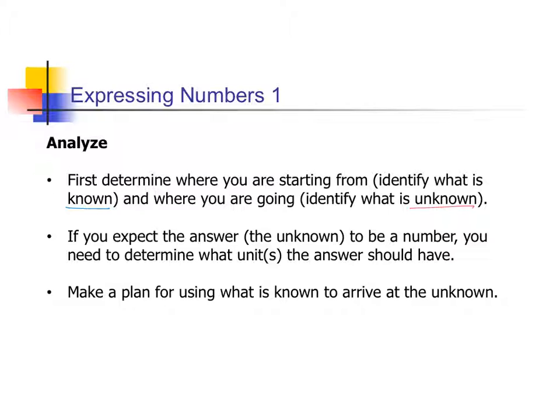That's usually your unknown. Sometimes it has 2 parts: a number part and a unit. And so you do have to pay attention to that. We'll get into units and types of measurements as we move forward. Then you make a plan for using what you know to solve for what you don't know.